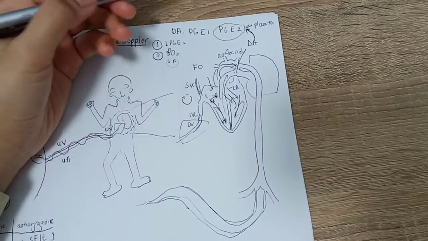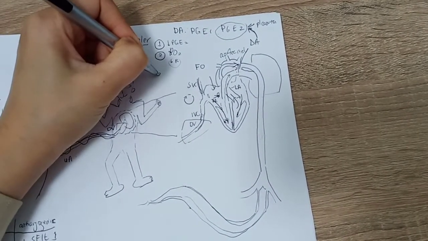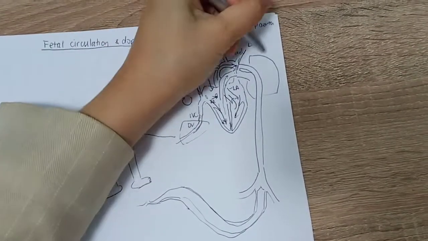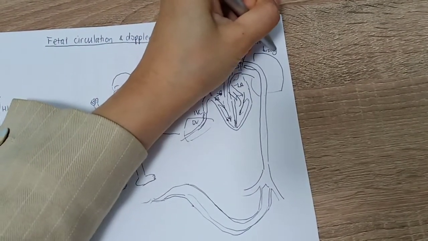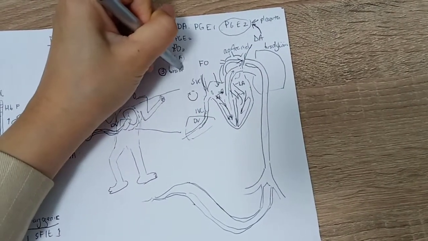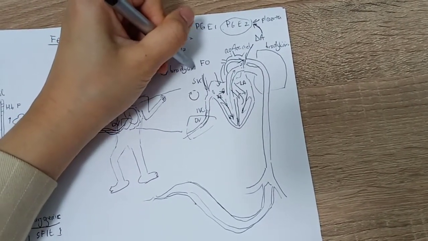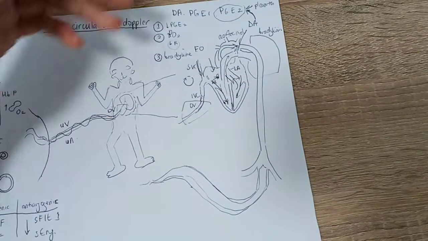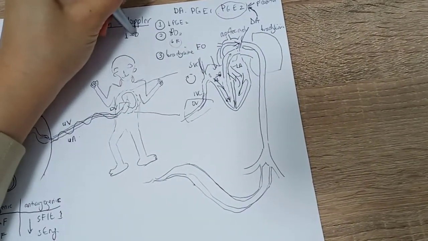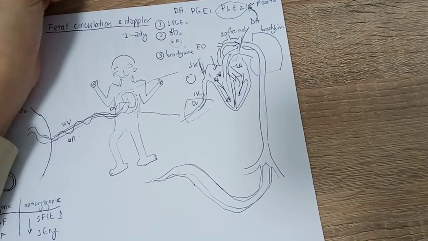of the ductus arteriosus. And the third is bradykinin. Once the lungs expand, they will produce bradykinin. So bradykinin also promotes the closure of the ductus, and usually the ductus will close on the first or second day of life.